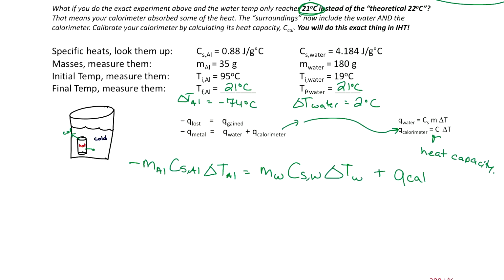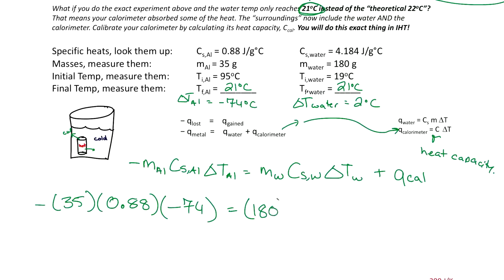Let's put in these numbers. So negative 35 grams, specific heat of aluminum, 0.88, ΔT of your aluminum, negative 74 degrees Celsius, equals mass of your water, 180, specific heat of water, 4.184, ΔT of your water, 2 degrees Celsius, plus Q cal.